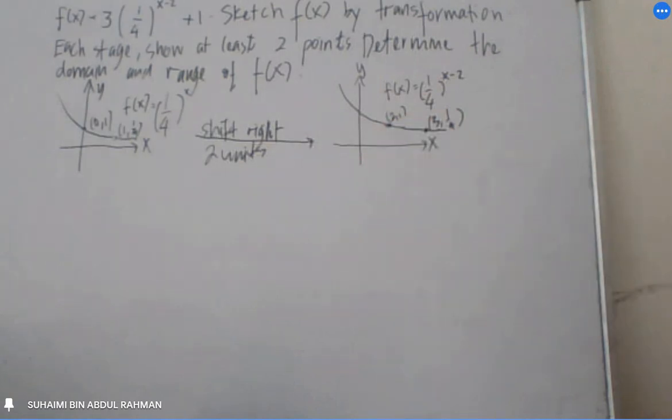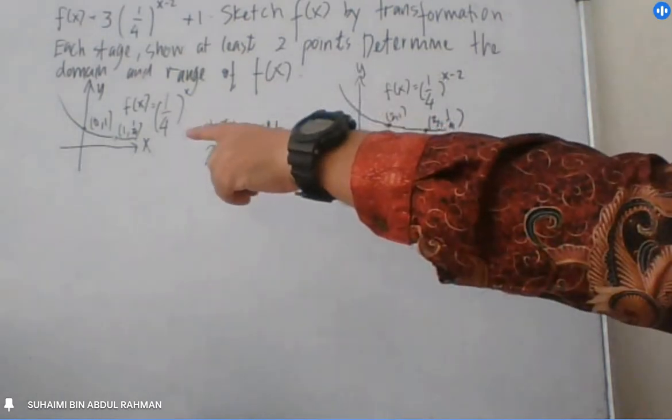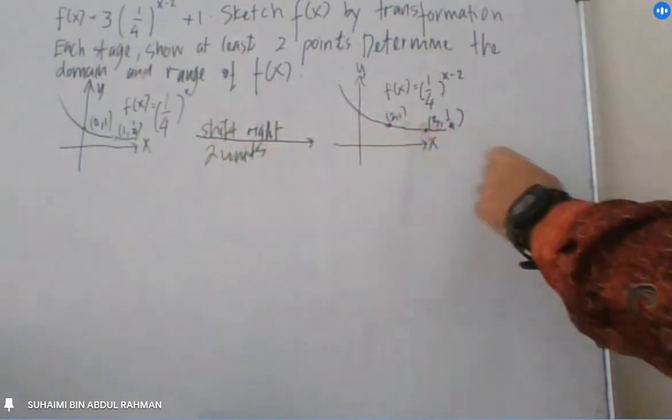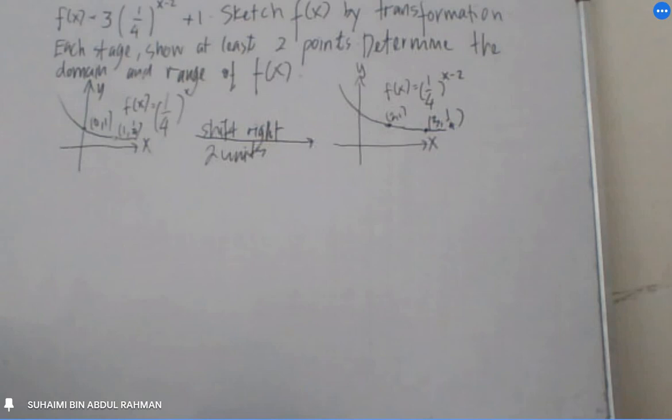So our 2 points before were 0, 1 and 1, 1/4, and they become 2, 1 and 3, 1/4. Then, which one?